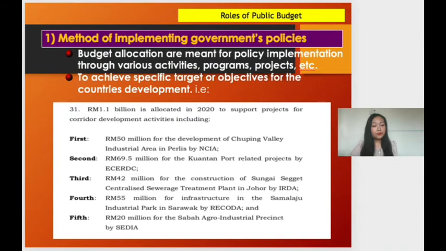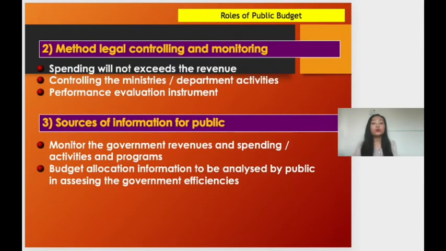Okay, next one, the second role. Public budget also plays a role in becoming a method for legal controlling and also monitoring. It's very straightforward.